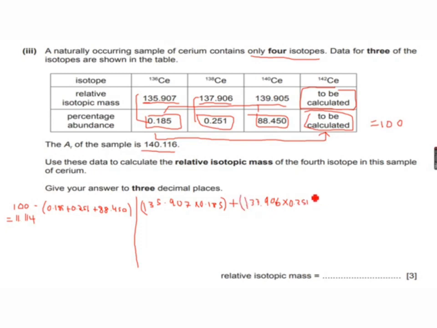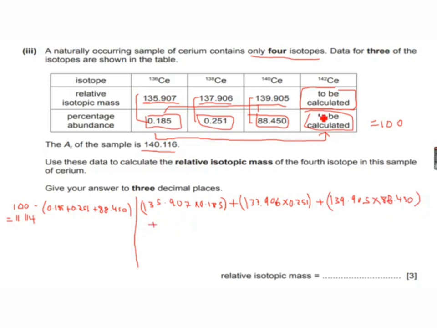We have multiplied these together. Now we will multiply these two together, so it will be plus 139.905 times 88.450.